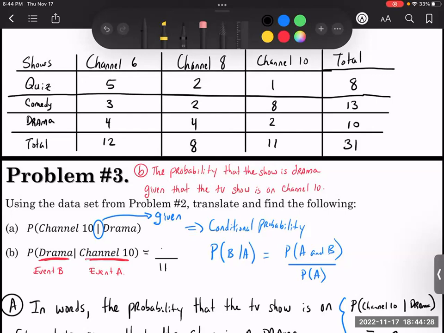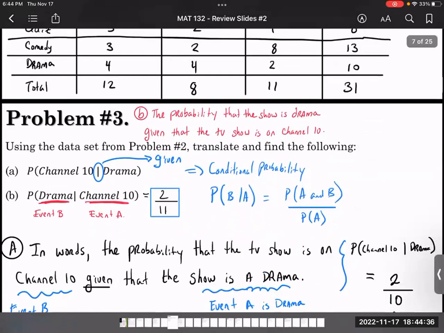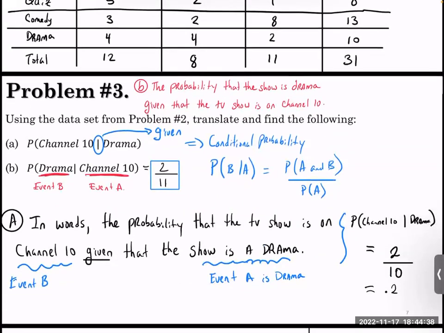So you get 2 out of 11. So that would have been the solution for part B. I would have written this out as a decimal approximation, but I'm running out of room there. But that would have been it, okay? So again, event A, the number of favorable outcomes for that particular event, is always the bottom number. Whatever those two events have in common, the intersection, as somebody pointed out in the chat, that is your top number.